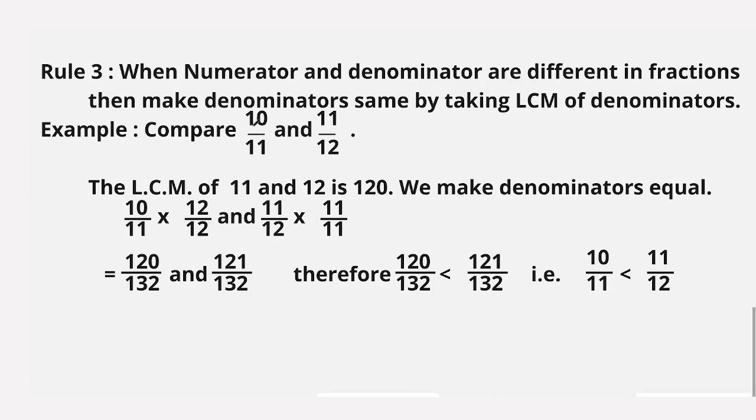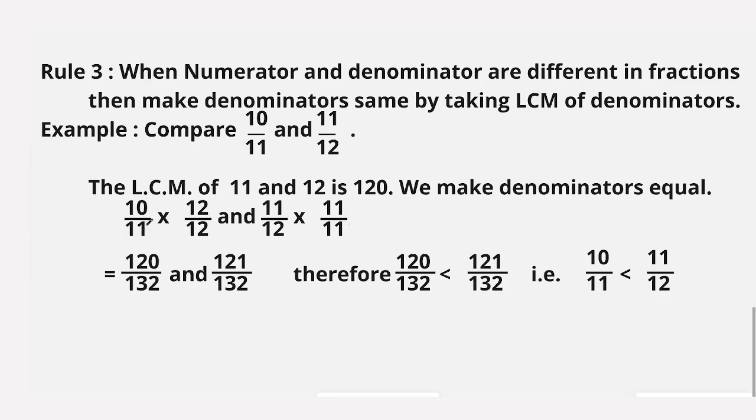Here the numerators 10 and 11 are different and the denominators 11 and 12 are different. So what do we do? We take the LCM of 11 and 12. The LCM of 11 and 12 is 120. So we make the denominators equal. What we do is multiply 10 upon 11 by 12 upon 12 and multiply 11 upon 12 by 11 upon 11.